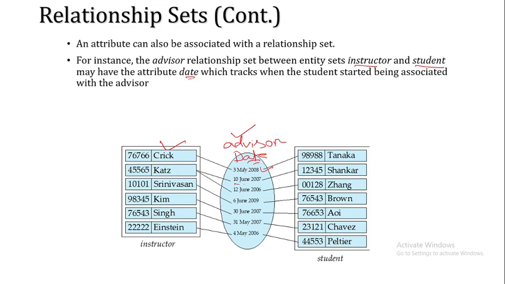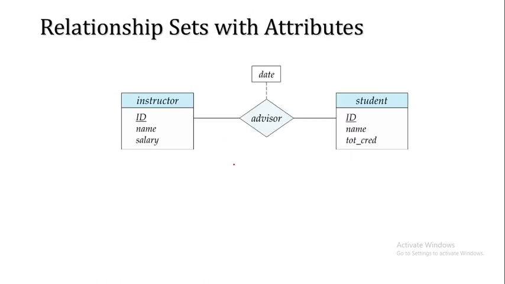This way, a relationship set defines the relationship, and it can also have attributes. Here the attribute is date, which defines when a particular student was associated with a particular instructor in an organization or institution. So how exactly are we going to represent a relationship set that has some attributes?